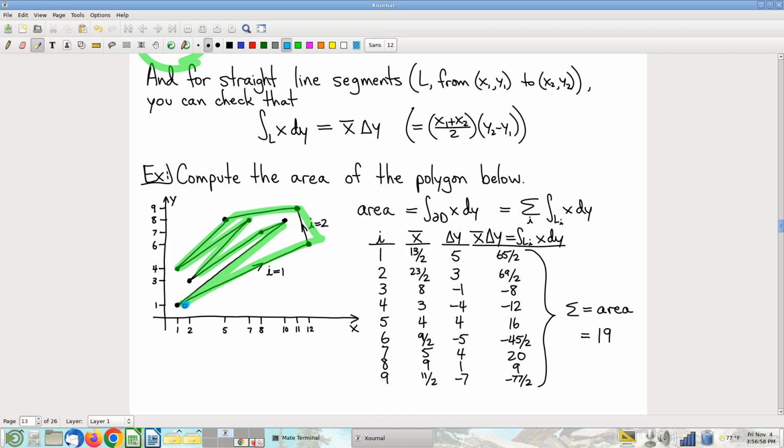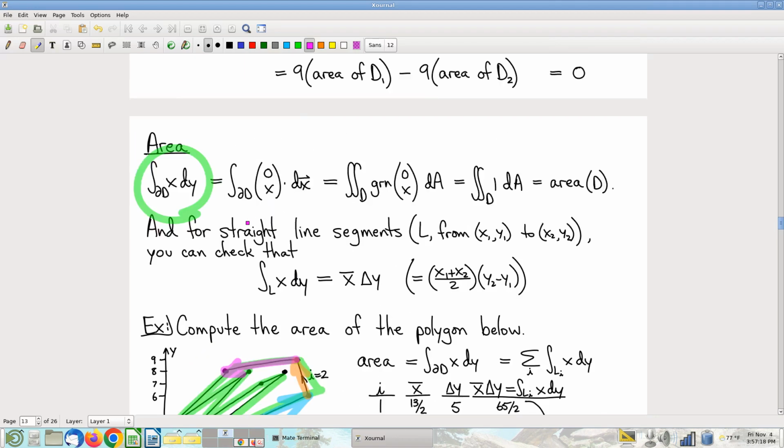What I'm going to do is compute that one first, and then that one second, and then that one third. And I claim that altogether, blue plus orange plus purple plus all of these others, altogether that is the green perimeter line integral, and that's what equals the area.